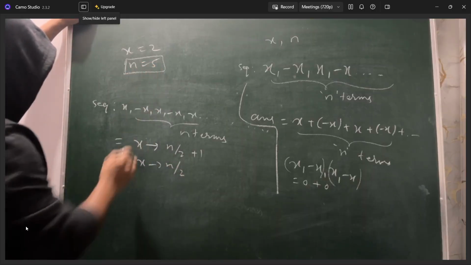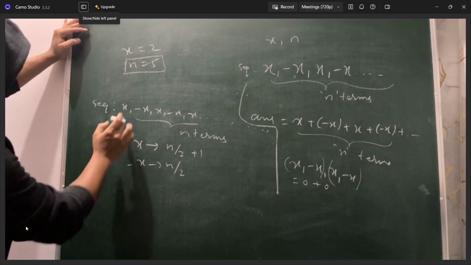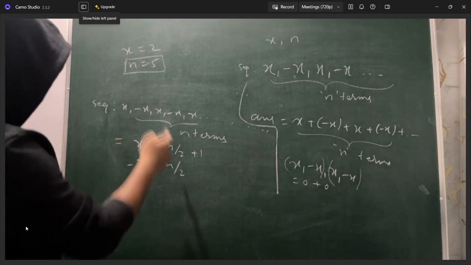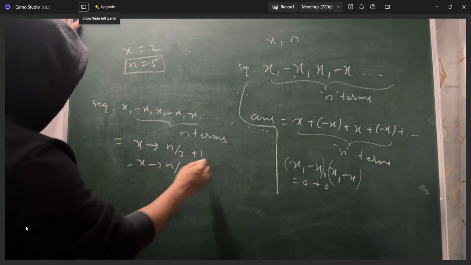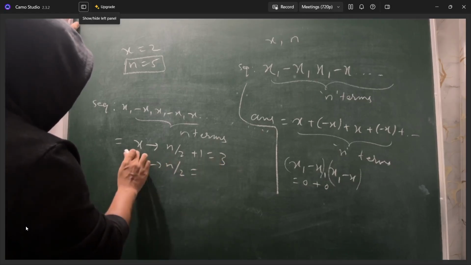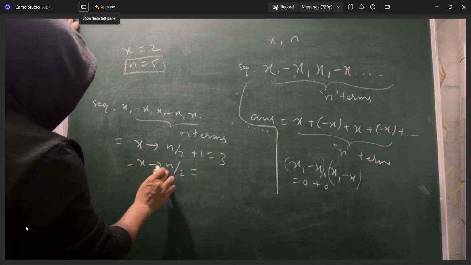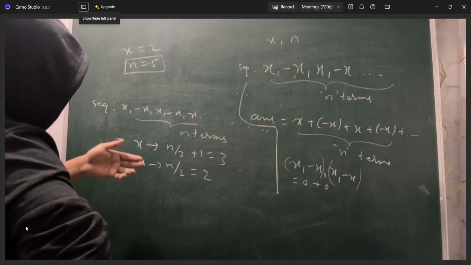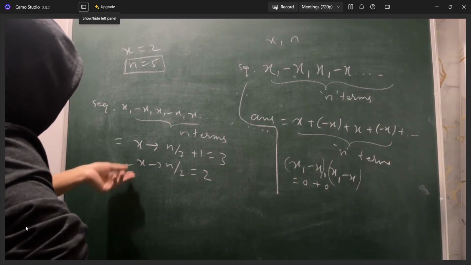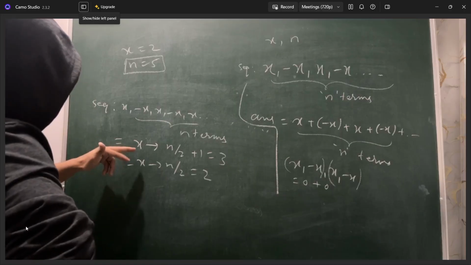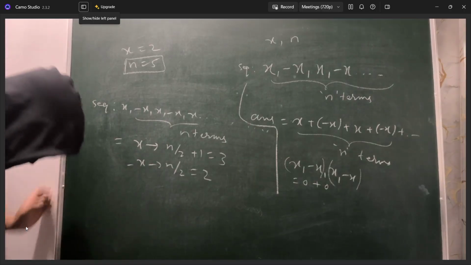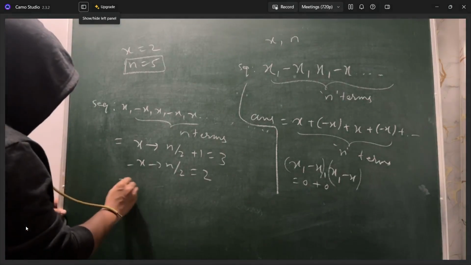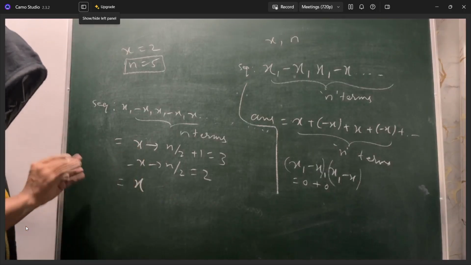In this example, you had x as 3 times, which is 5 by 2, which is 2, plus 1 is 3. So you have x as 3 times and minus x as 2 times. These 2 times and these 2 times are going to get cancelled because they have opposite signs, but the extra one x will contribute to the answer, which is x. I think you guys understood.